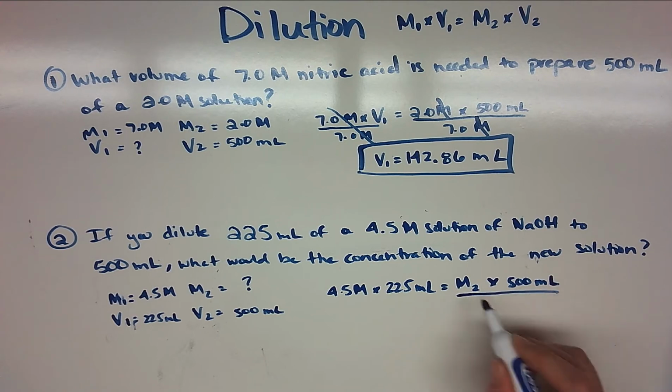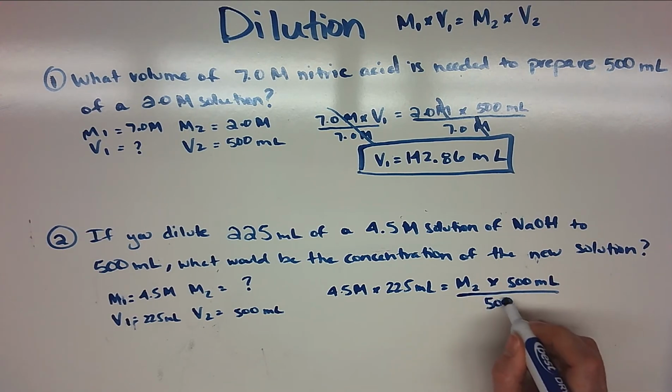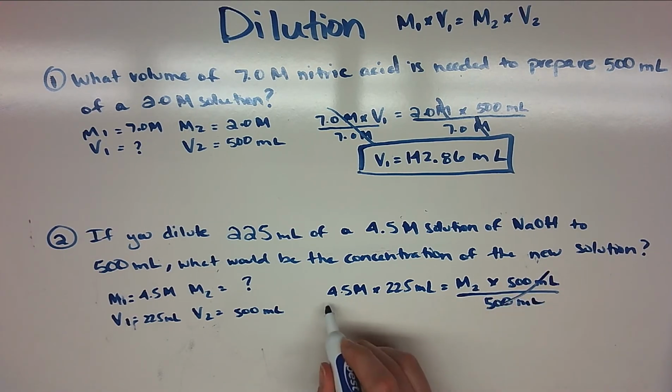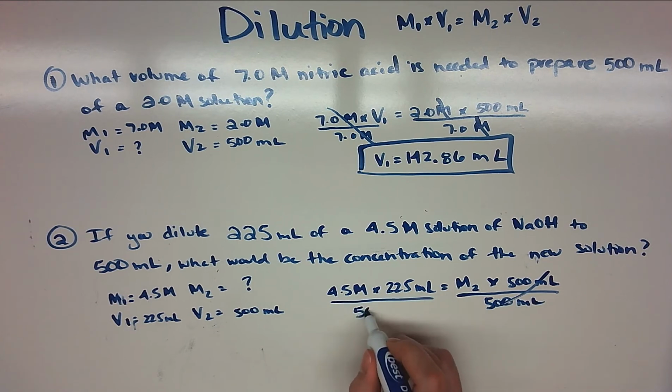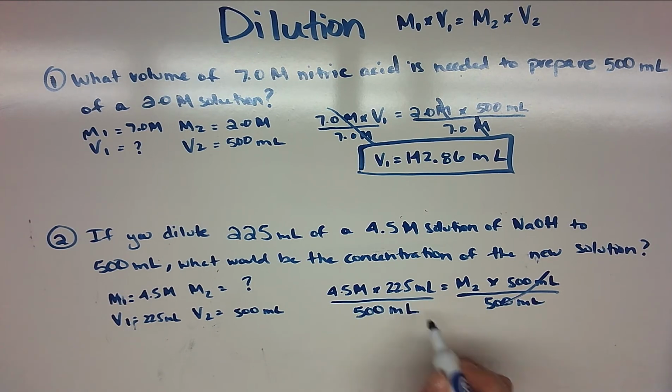Now to get my variable by itself, I'm going to divide both sides by 500 mils. When I do that, my milliliters units cancel out. Now I'm going to multiply across the top, so 4.5 times 225, and divide by what's on the bottom, 500.